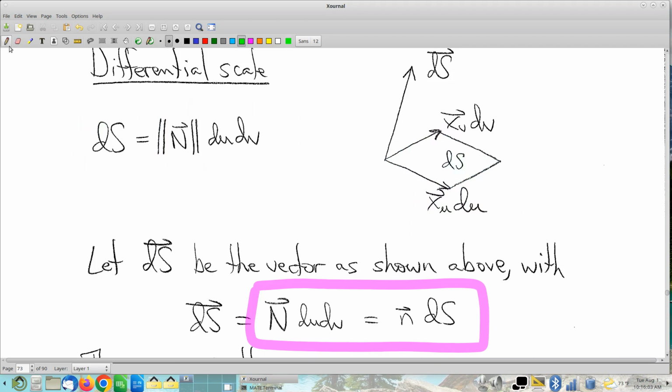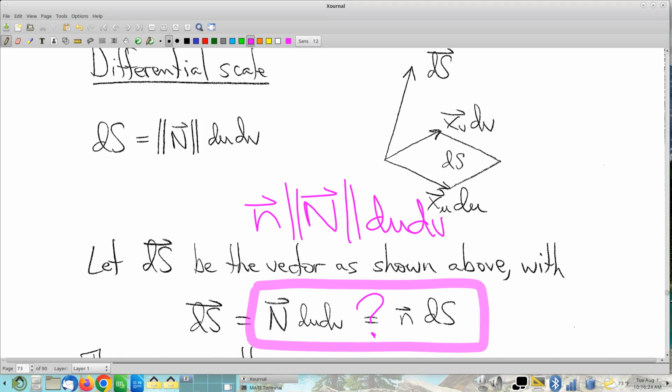And here's my favorite way to see it. Both of these things that I claim are equal can be pretty easily observed to equal little n times the magnitude of capital N times du dv.